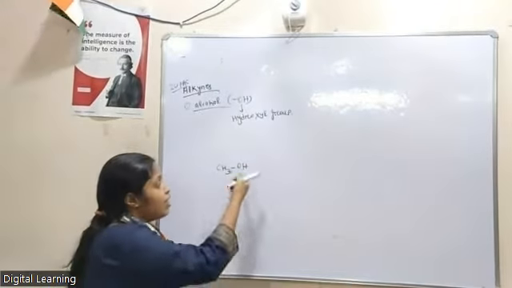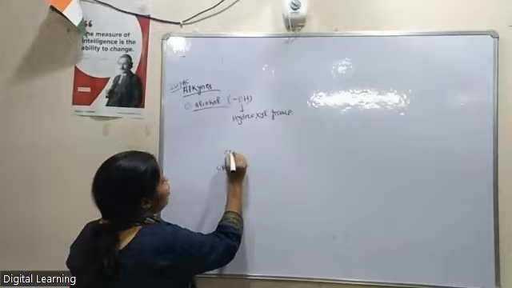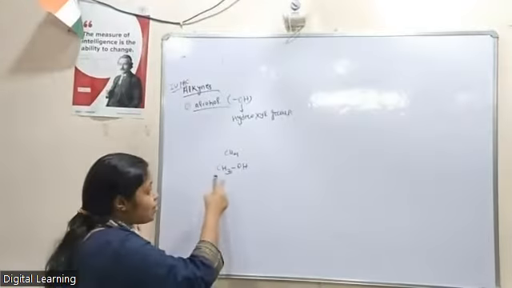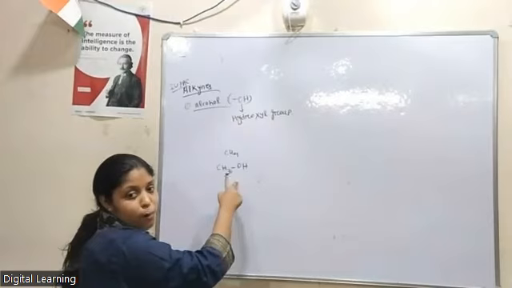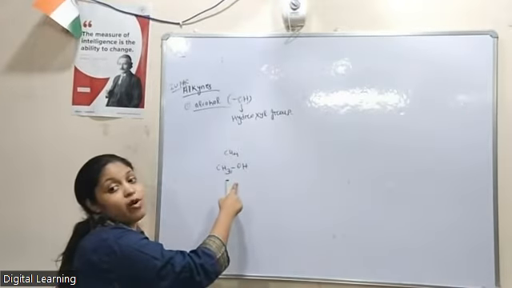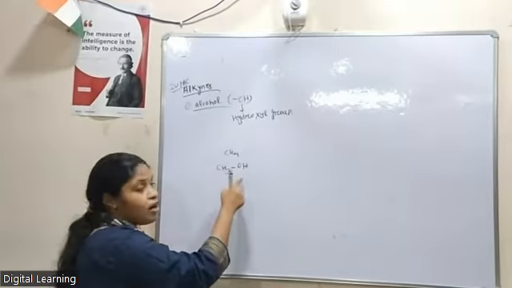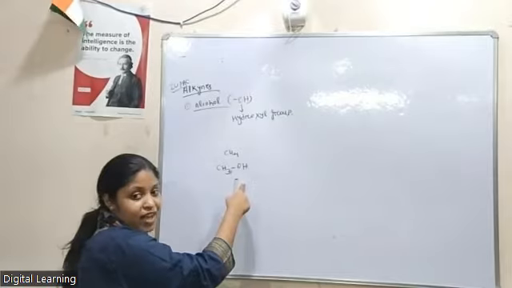The starting compound was an alkane, but after replacing the hydrogen, the compound is converted to an alcoholic compound, because here the functional group present is the OH group.